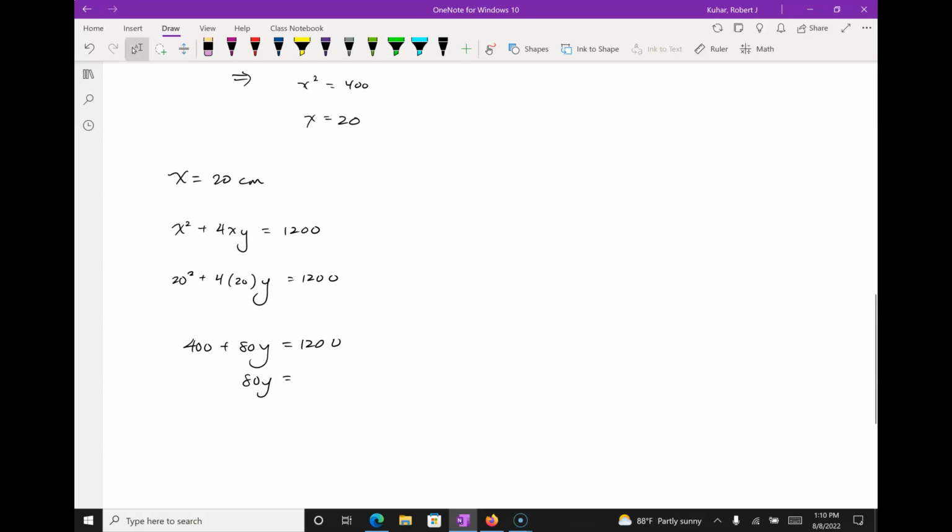Yes. Once we found that critical, we're not sure it's the max yet, but we're going to check it graphically and with our second derivative.